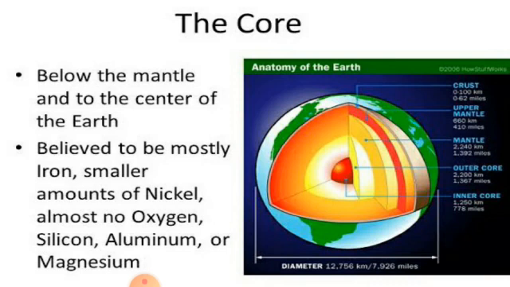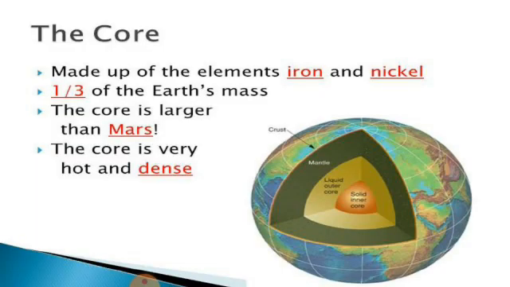It is believed to be mostly iron and small amounts of nickel, almost no oxygen, silicon, magnesium or aluminum. The core is made up of elements of iron and nickel.